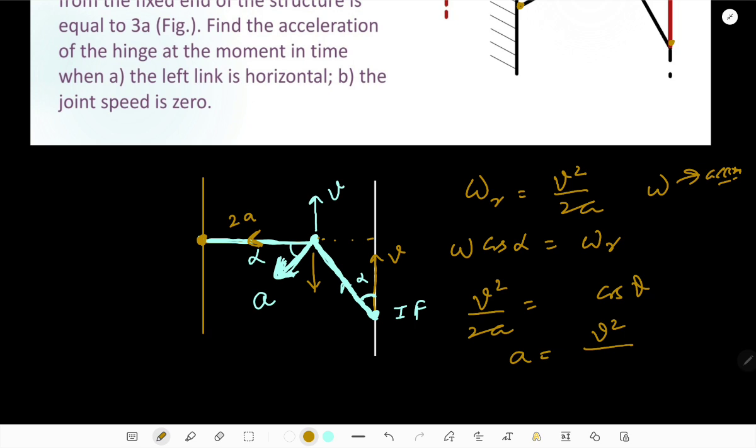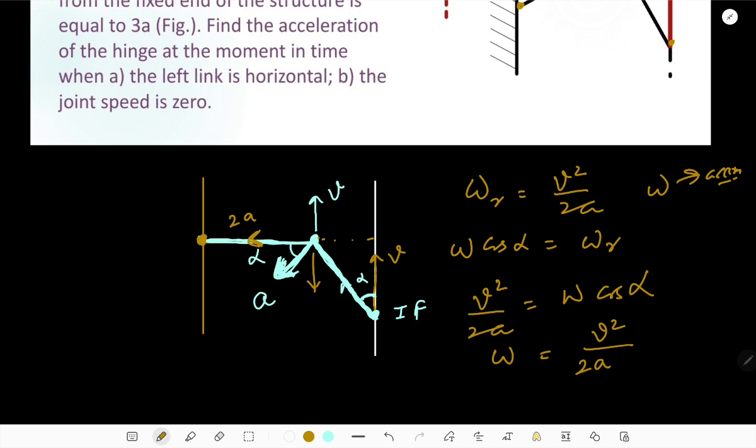That means v square by 2a equal to W cos alpha. So W, the acceleration of the hinge at this moment, is v square by 2a cos alpha. This was also not cos theta, this was cos alpha.